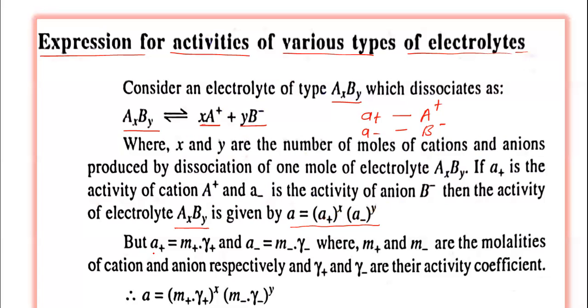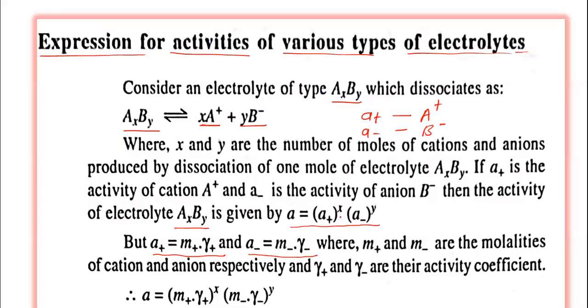But we know that A positive is equal to M positive into gamma positive. The activity of the cation is the product of molality of the cation and activity coefficient of the cation. And the activity of the anion is equal to the molality of the anion into the activity coefficient of the anion, where M plus and M minus are the molalities of the cation and anion respectively, and gamma plus and gamma minus are their activity coefficients.